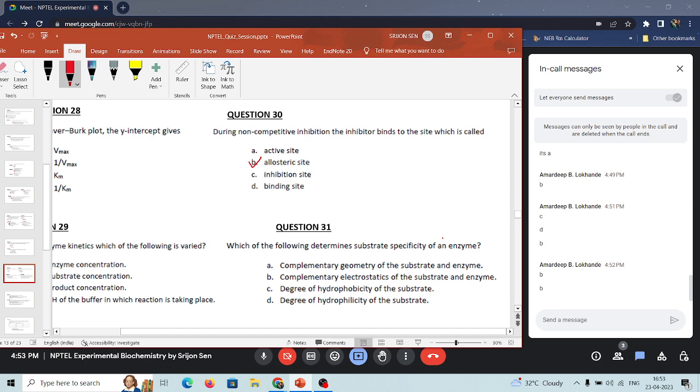Which of the following determines substrate specificity of an enzyme? What determines the substrate specificity of an enzyme? Okay, the complementary geometry of the substrate and the enzyme, and any other thing?